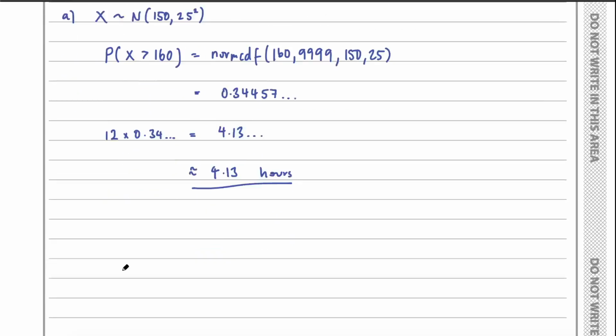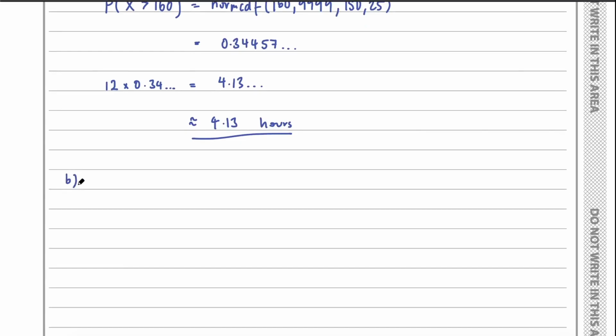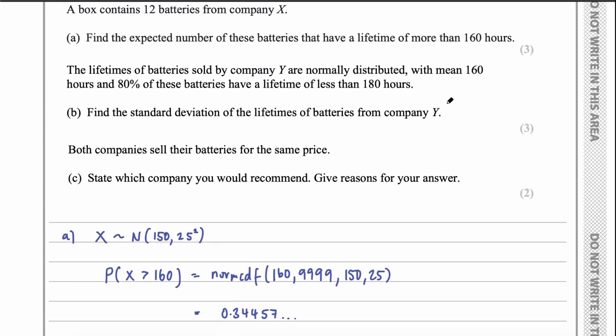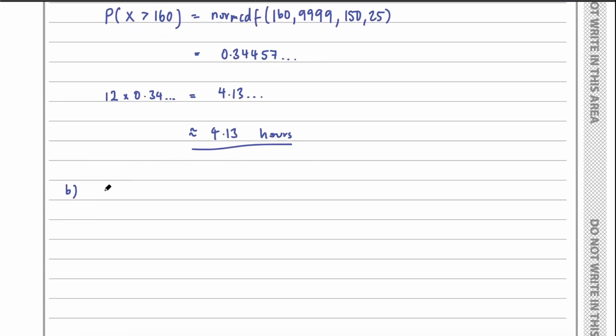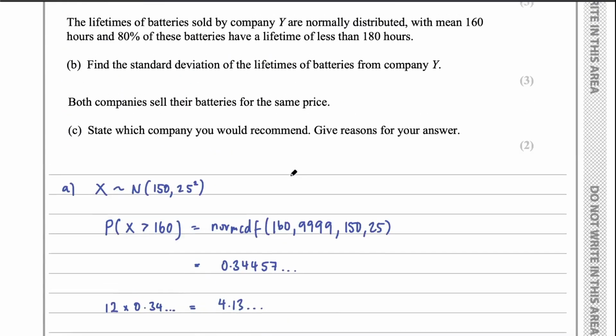Okay, so part B, they've given us the mean of 160. So for company Y, this is again normally distributed with a mean of 160, and they're asking us to find the standard deviation. So our notation would look like this, where we just use sigma because we don't know the standard deviation, so sigma squared, stating we understand it's normally distributed.